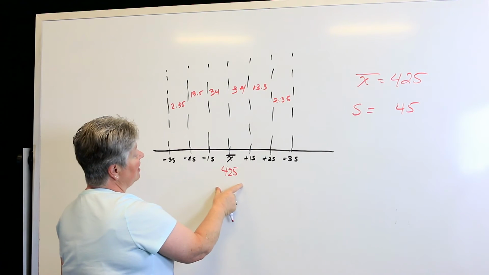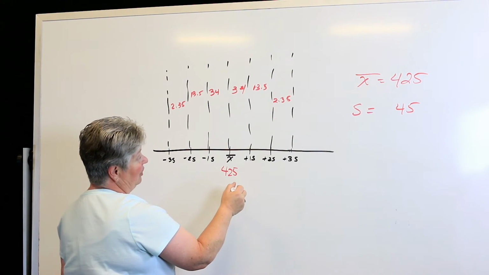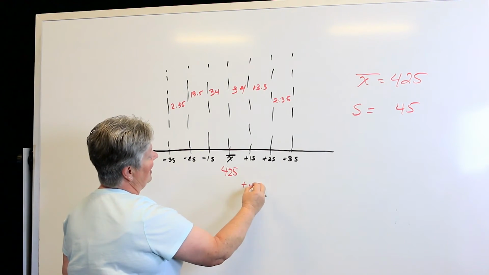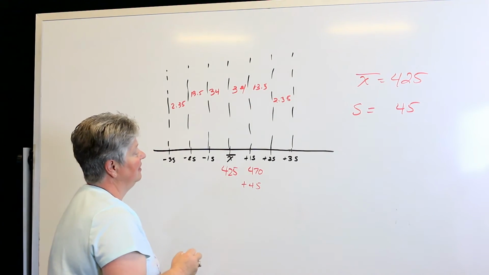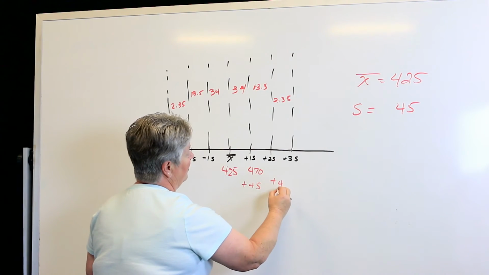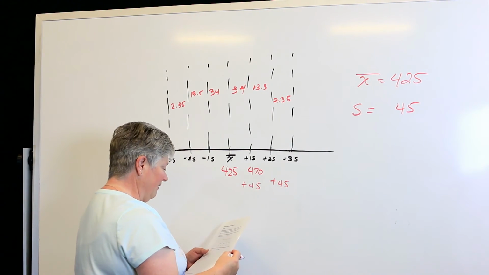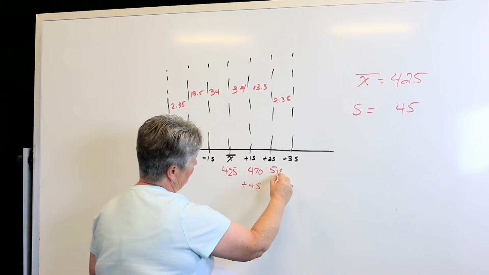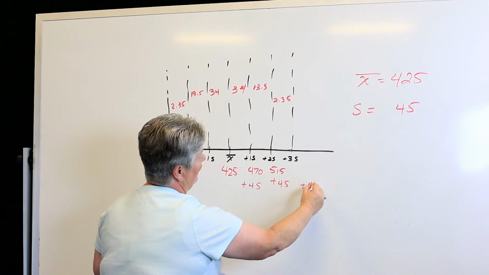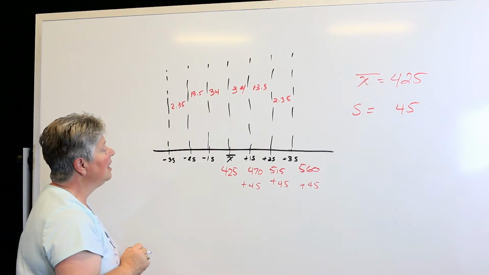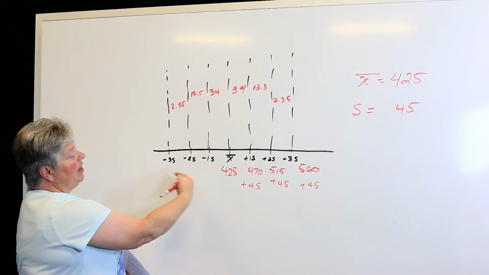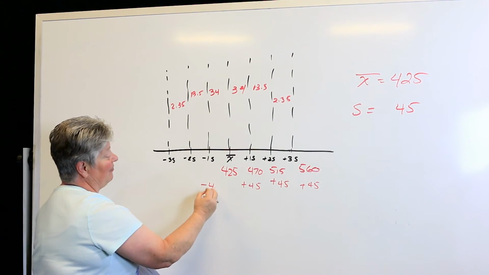So if we take 425 and we add 45 to that, we're going to get 470. If we add another 45 to that, we're going to get 515. And we add another 45 to that, we're going to get 560. And then when we go this direction, we're going to subtract that 45.